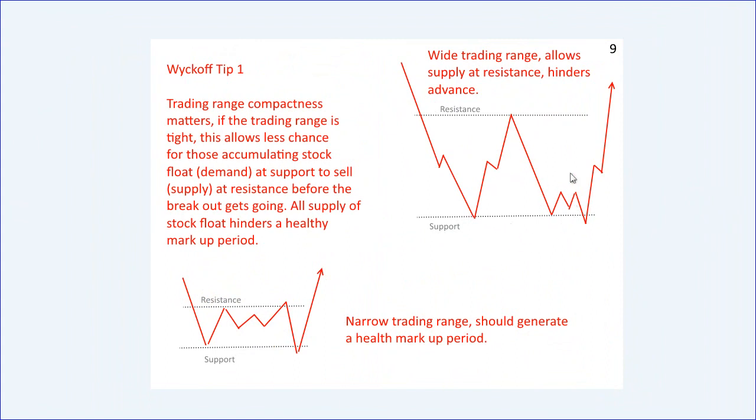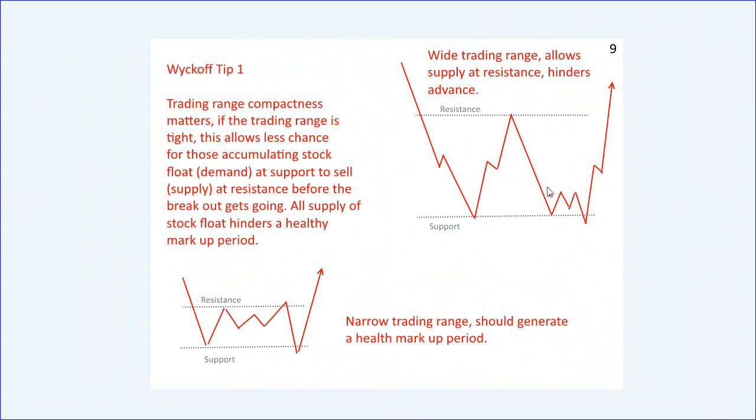Now, if you've got a wide trading range and people accumulated down here and price moves up to the wide resistance, the people who've accumulated down here will frustrate the advance by becoming supply up here. Ideally, the tighter the range, the better, because the people will not release their float after accumulating until it's broken out and it's going higher, and they'll hold on for better profits.